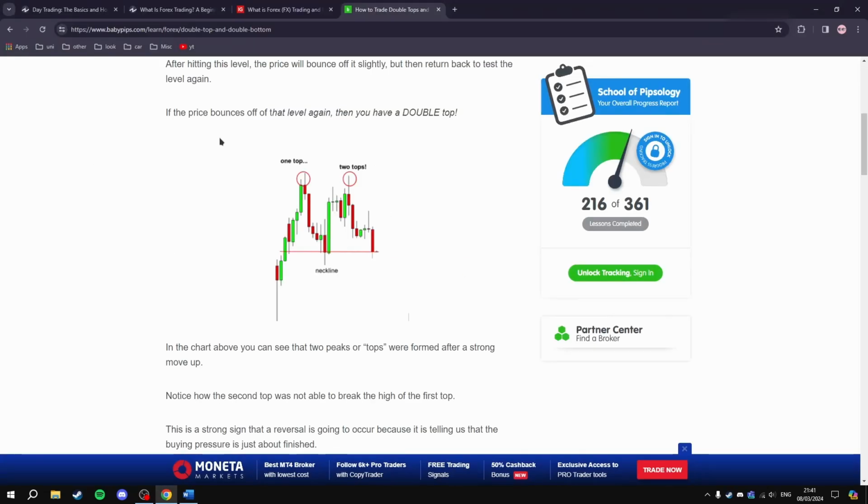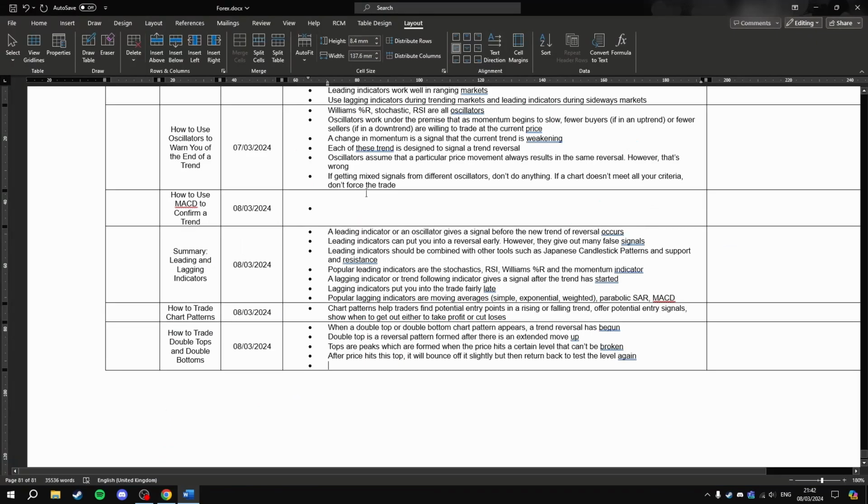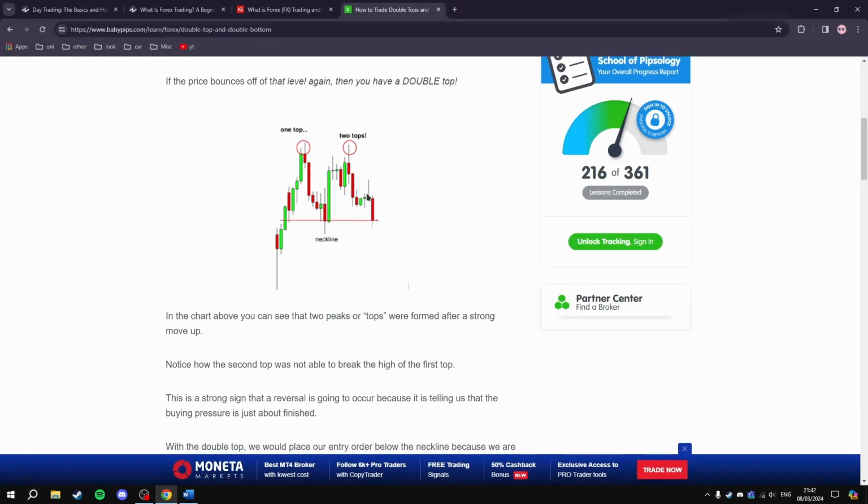If the price bounces off of that level again, then you have a double top. So one top, two top.